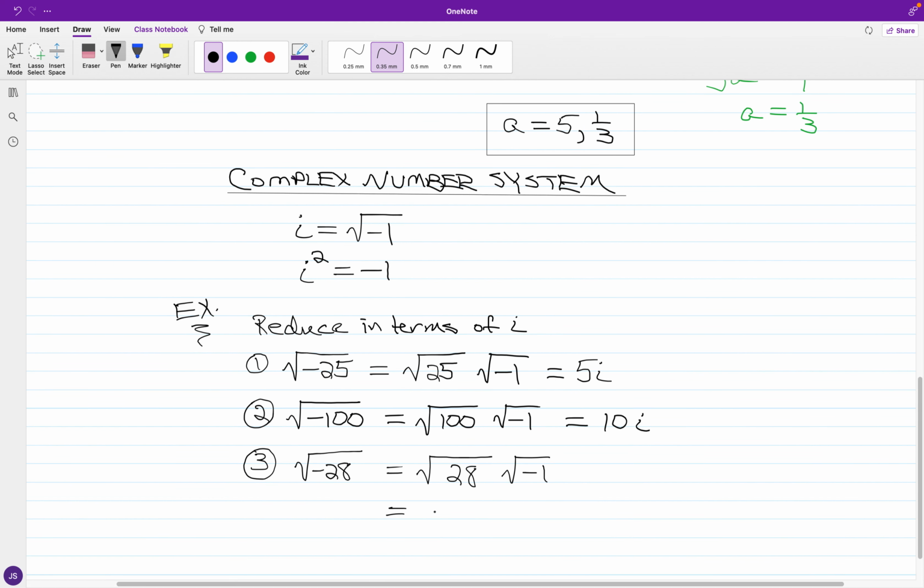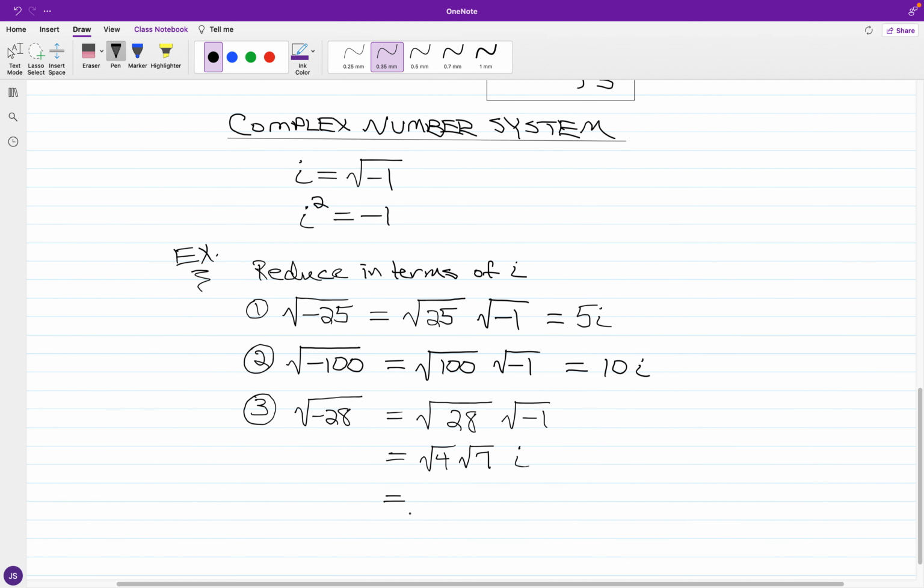The highest perfect square divisible into 28 is only going to be 4. And the square root of negative 1 is going to be I. And for the reduction, the square root of 4 is 2. You have times the square root of 7 times I. And that can also be written as 2i times the square root of 7.